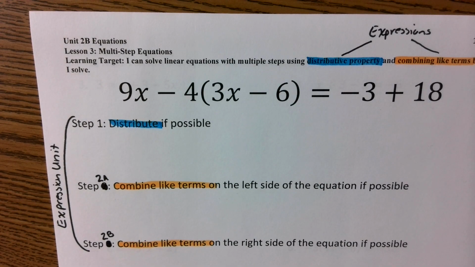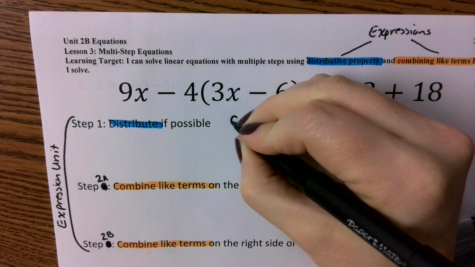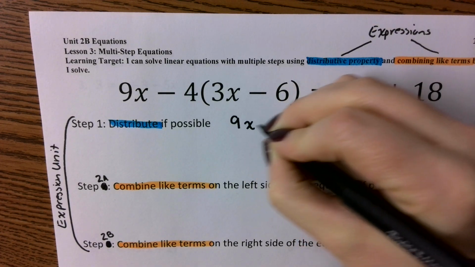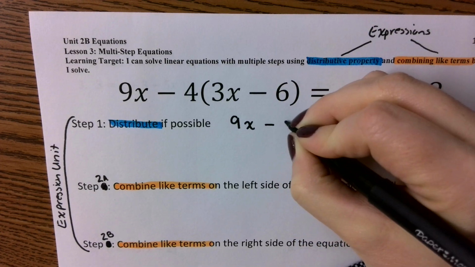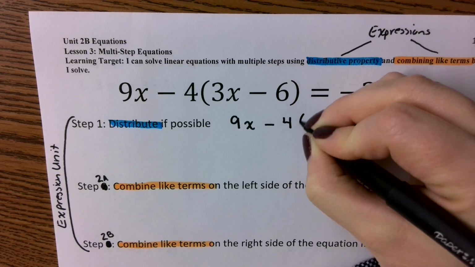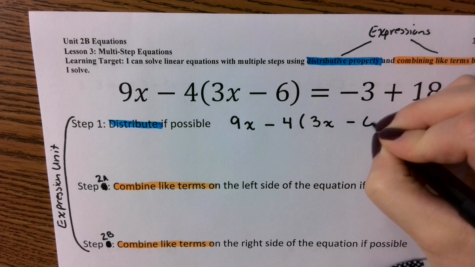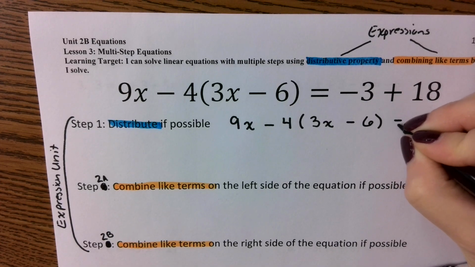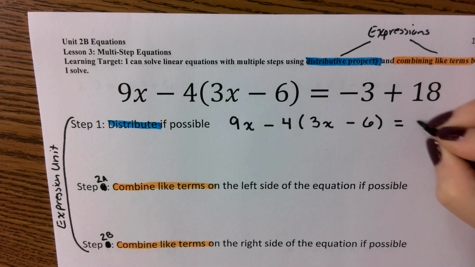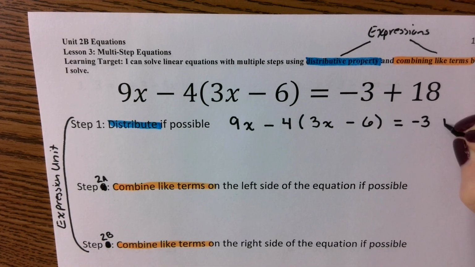So I'm going to rewrite this expression right here. So 9x minus 4 parentheses 3x minus 6 close parentheses and then equals negative 3 plus 18.